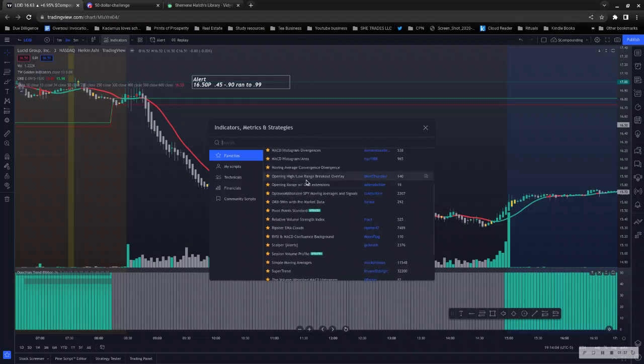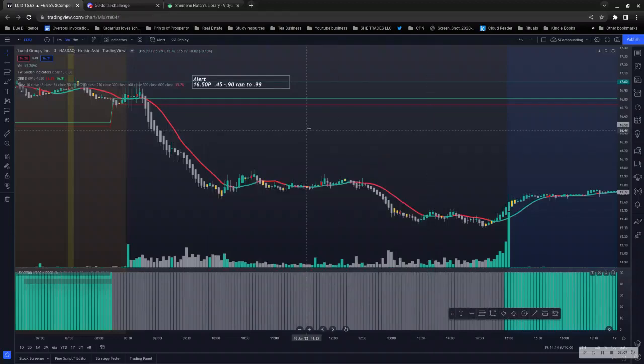It's the opening high low range breakout overlay by Silent Thunder. So the way I trade is it has to be a breakout. There has to be momentum. So once the price broke out of this range here, it broke this low level here of the open.